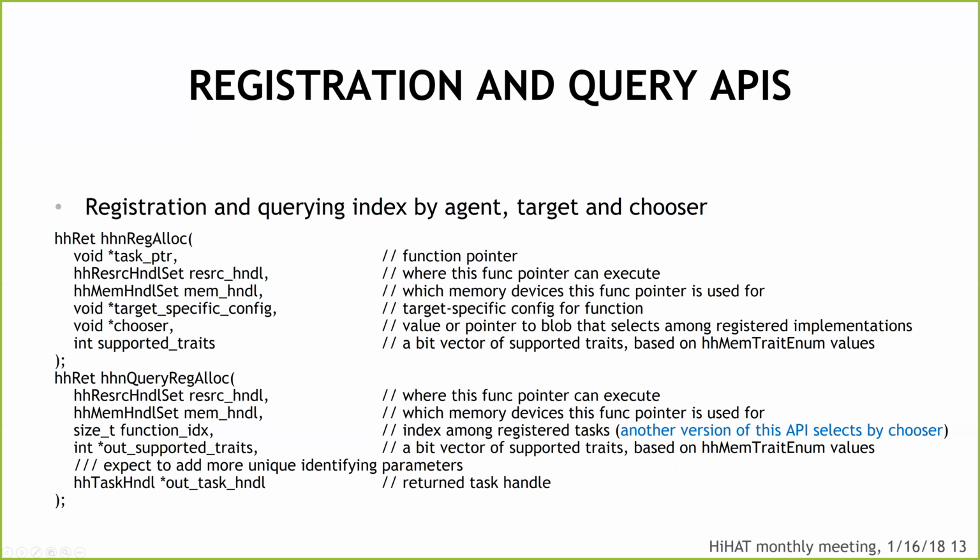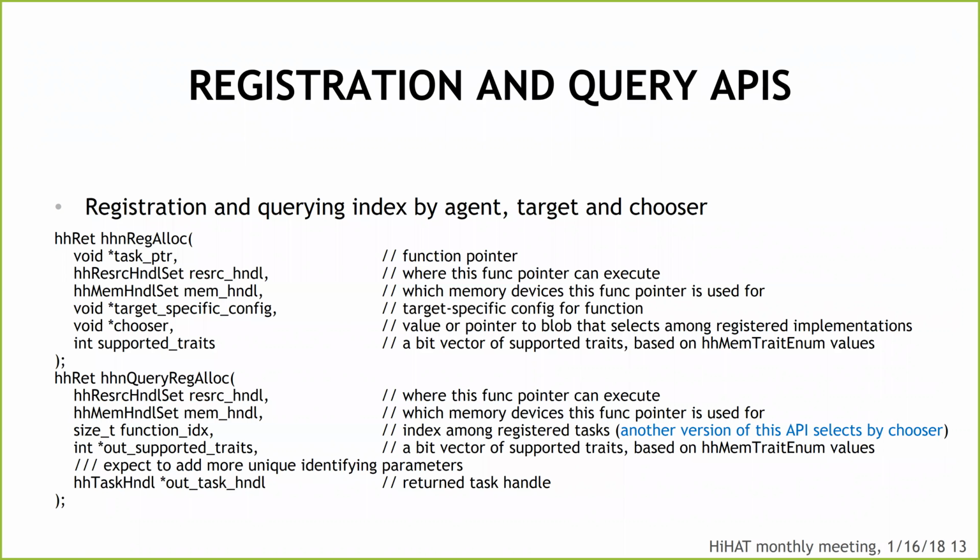I may have some target-specific configuration, and I may choose which of several different registered implementations this is for. I may also have a bit vector of supported traits saying I know how to pin it, or I don't know how to pin it, or I know how to initialize it to 0 or not.